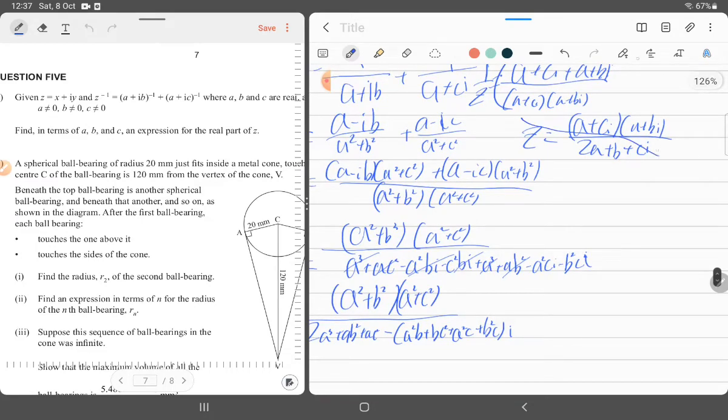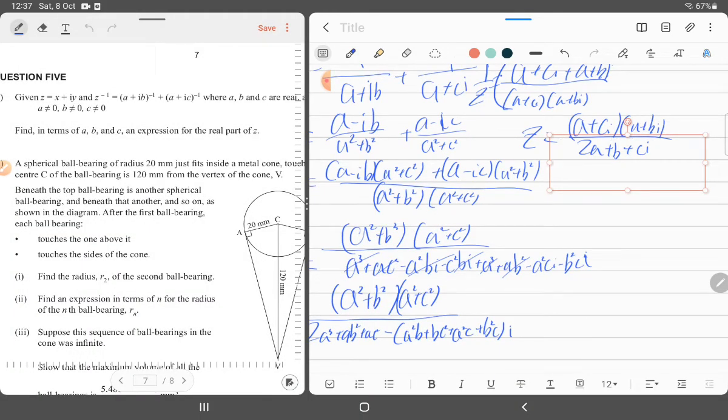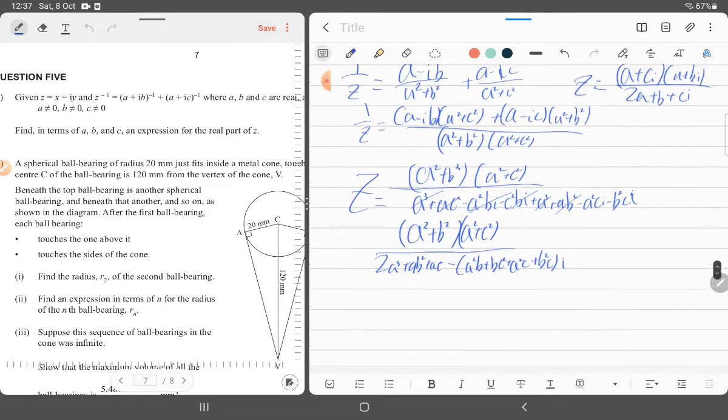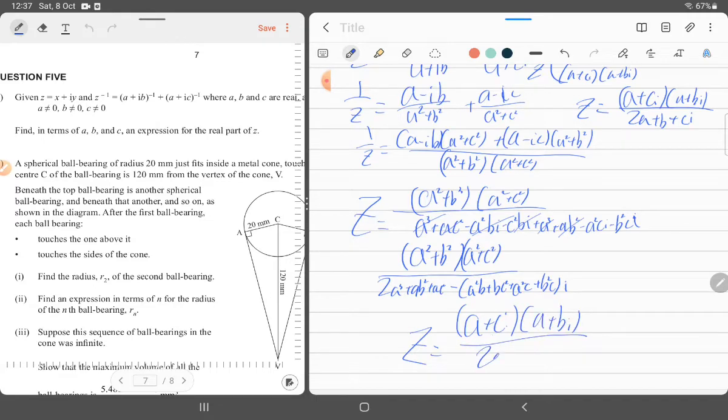Can I? Okay, no, I was seeing if I can convert that to somewhere down here. So a plus over 2a plus b ci.